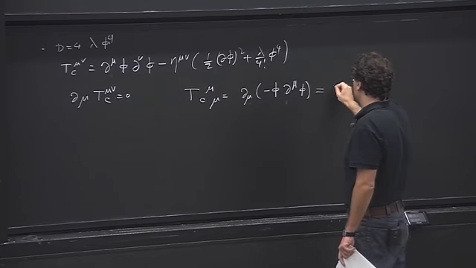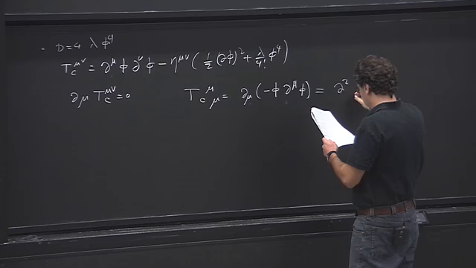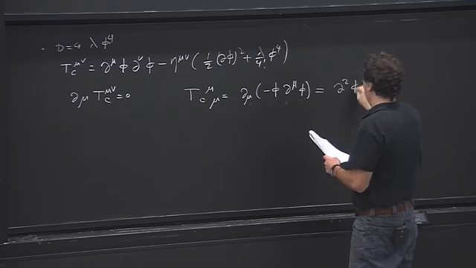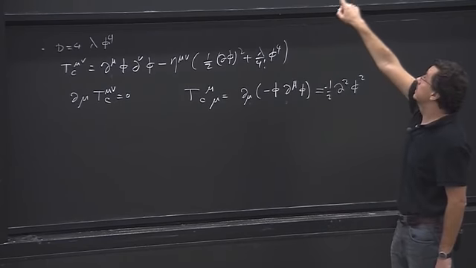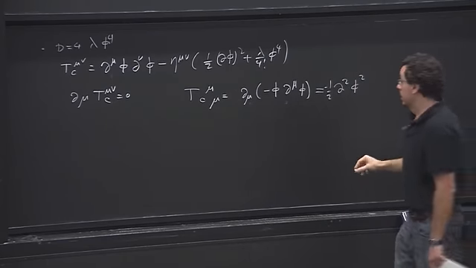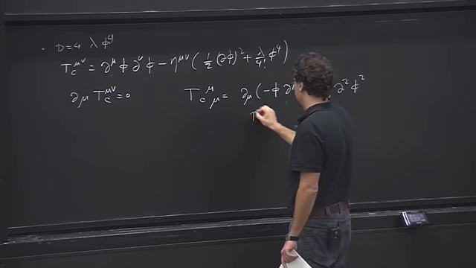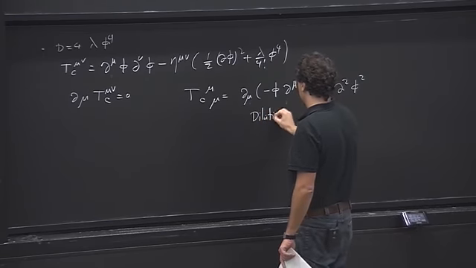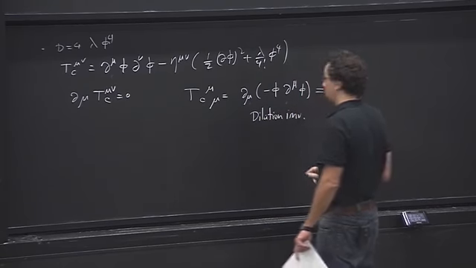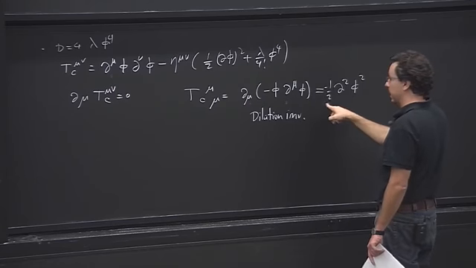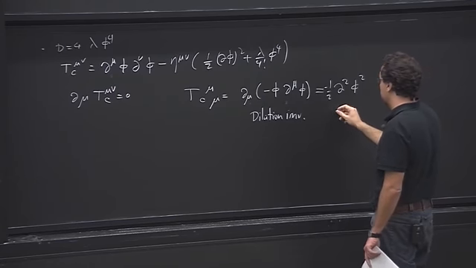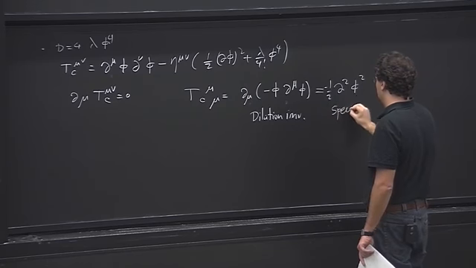But it can also be written as a second derivative of phi squared, which is point number 1. So this implies that it's dilatation invariant, which you knew because you've checked. And the fact that it can be written as a second derivative implies that it's special conformal invariant.